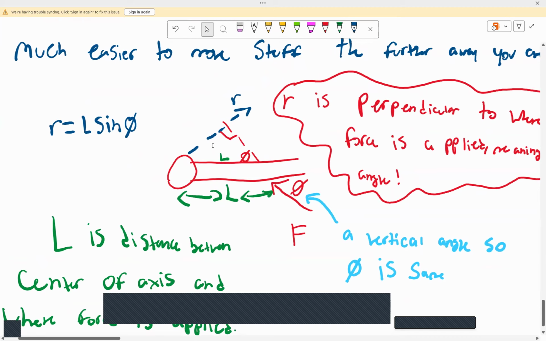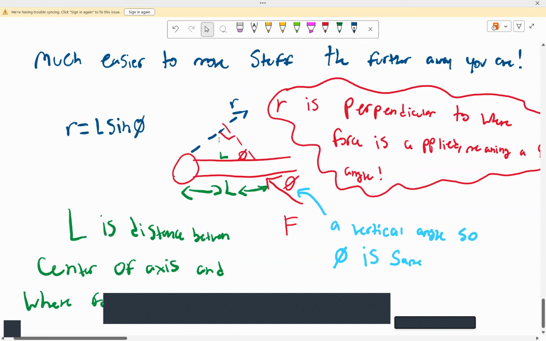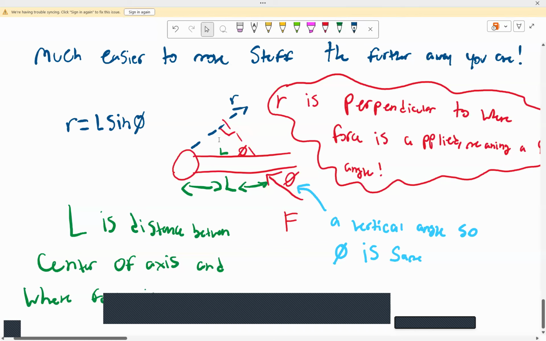So L sine theta is what your moment arm will be. Plugging it in, you have your force times L sine theta, that's your torque. Booyah.